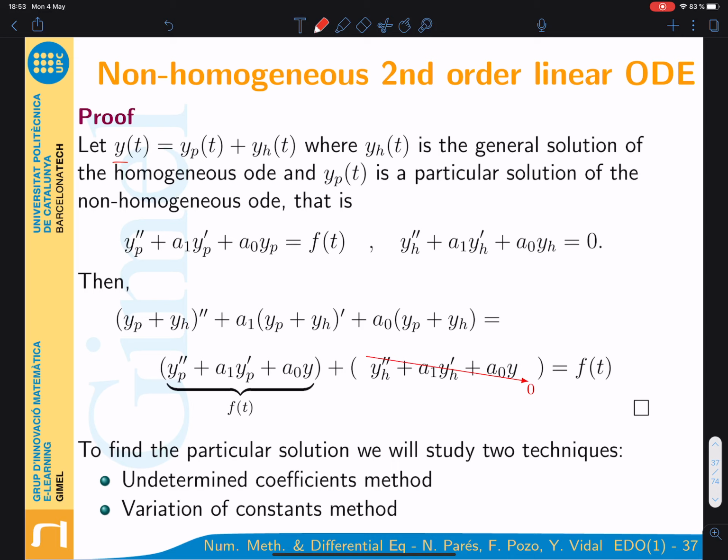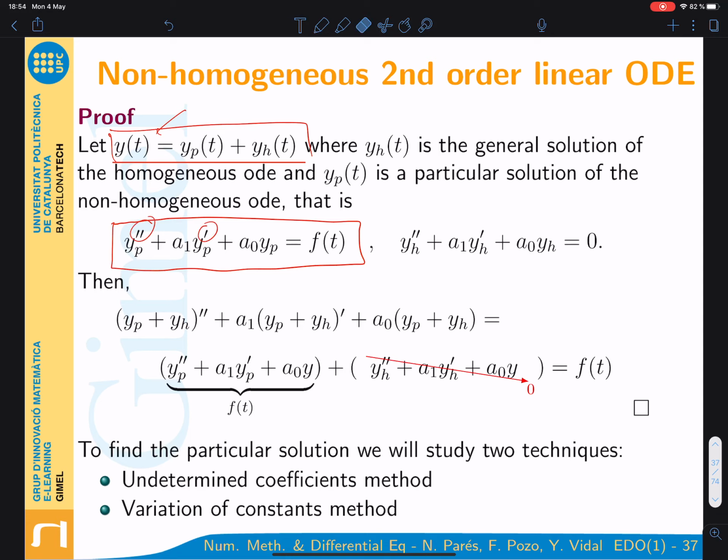We want to verify if this is a solution of the ODE. So the only thing I'm doing in this proof is plugging this function into the ODE. Of course, the ODE looks like this, and in order to plug this function into this ODE, I need to know how to compute y prime and y prime prime.